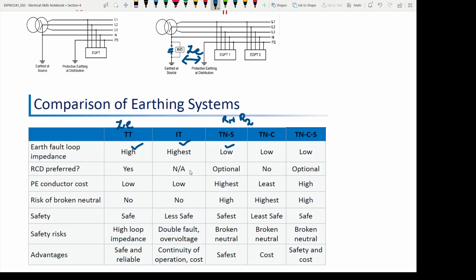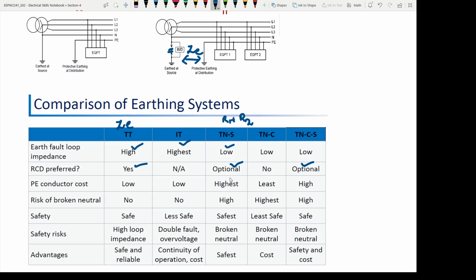IT is not applicable, since we have only transmission line kind of areas, we use this one. So, we do not use RCD here, and for TNC it is not required. Mostly, the most commonly used earthing systems are TNS, TNCS and TT. These are the three different types of earthing systems you can see in commercial and domestic areas.